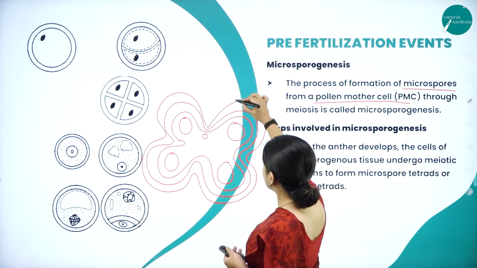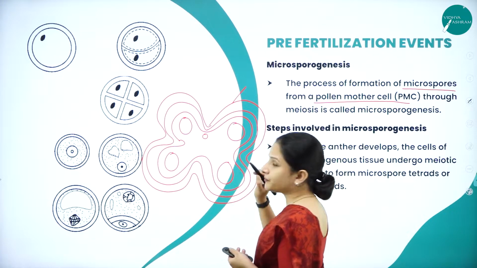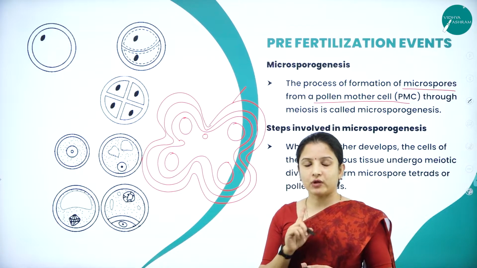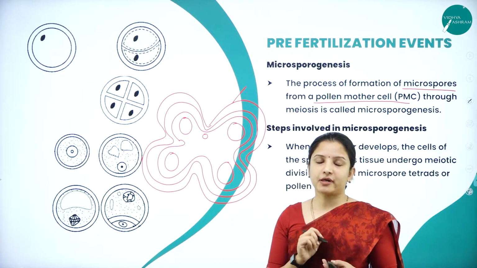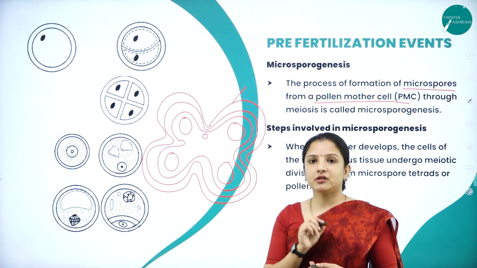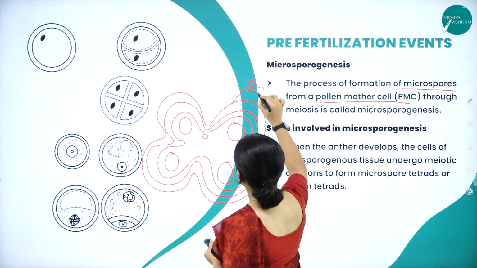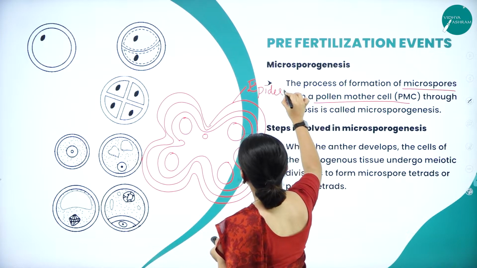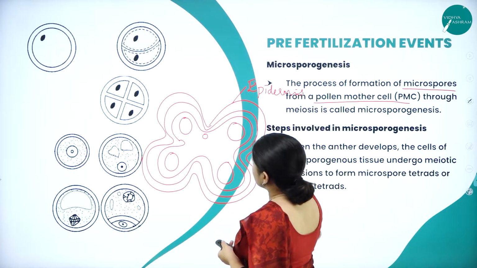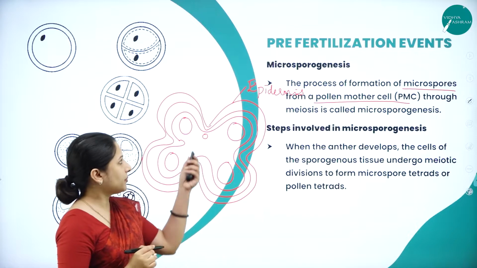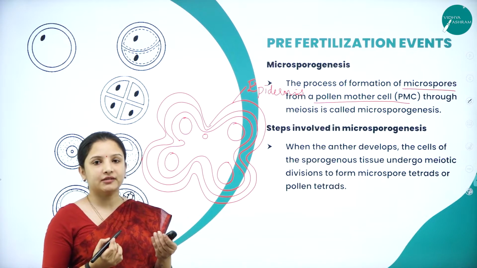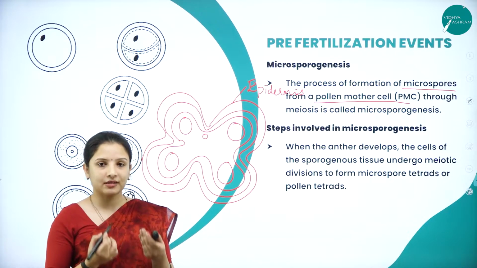In the microsporangium, you have the epidermis. One of the first layers that covers the microsporangium is the epidermis. It is the outer layer. Epi means outside, and dermis, as I told you, is derma, meaning the skin or the covering.